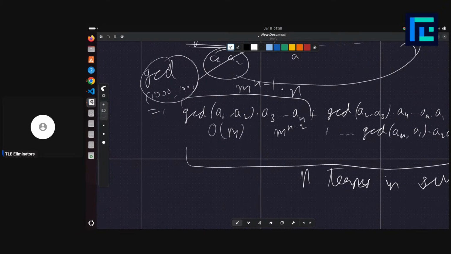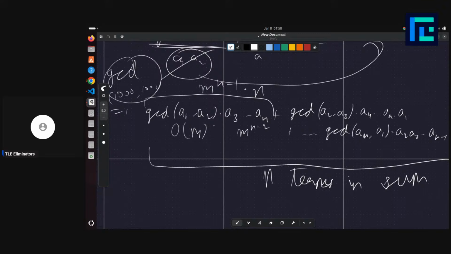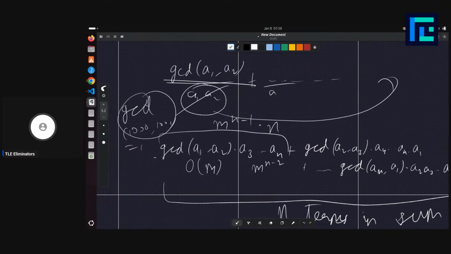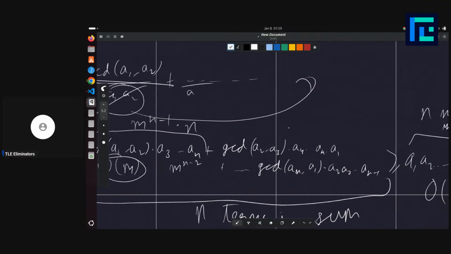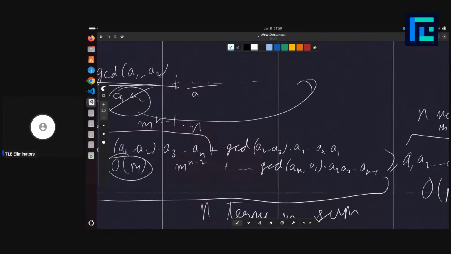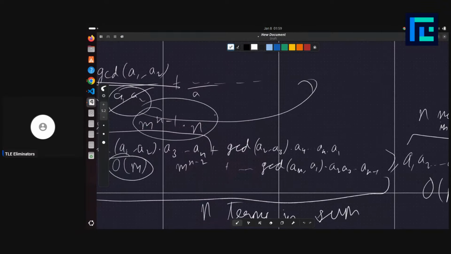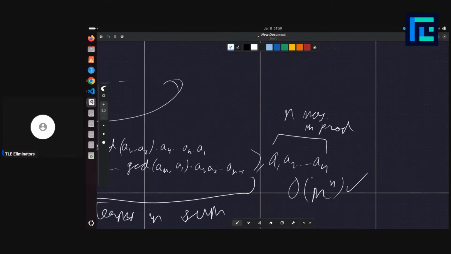Okay, so actually what I had to think about is that even if I get the GCD enough conveniently, like what I'm saying is, even if I get O of m from all the GCDs, then also this is around equal order only, m to the power n minus 1 into n, and this is m to the power n, right?